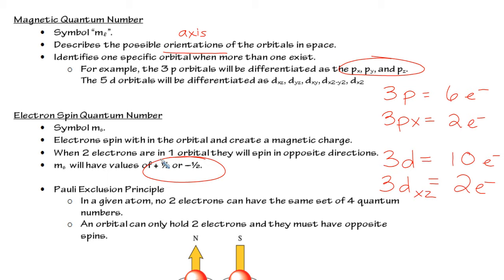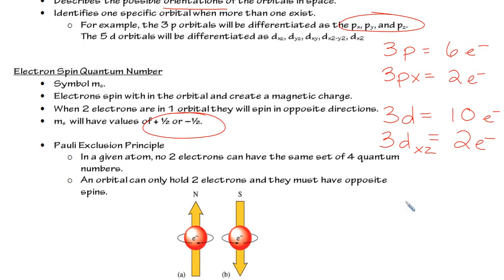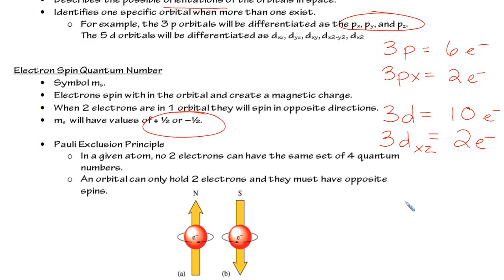So now this plus or minus 1/2 is kind of arbitrary. We would say one of the two electrons has a positive or forward spin. One of the two electrons has a negative or reverse spin. Totally arbitrary, which is plus 1/2 or minus 1/2. We just have to know that they're spinning opposites.